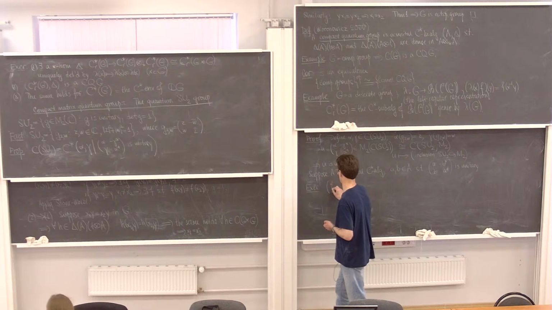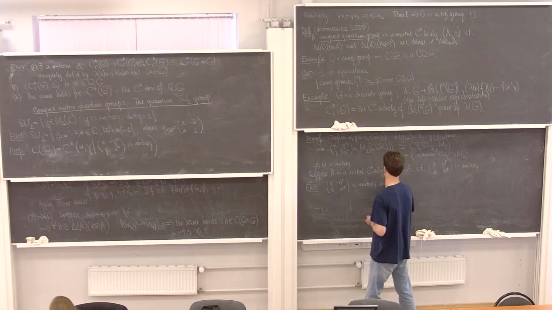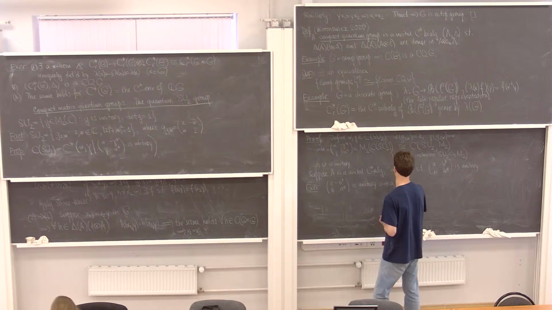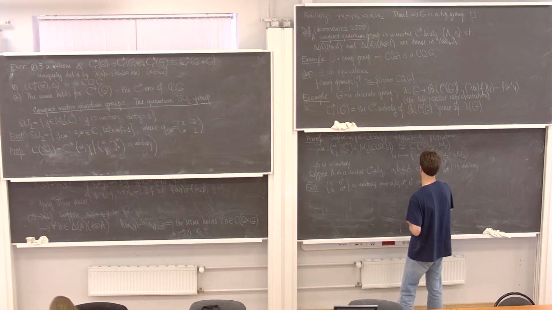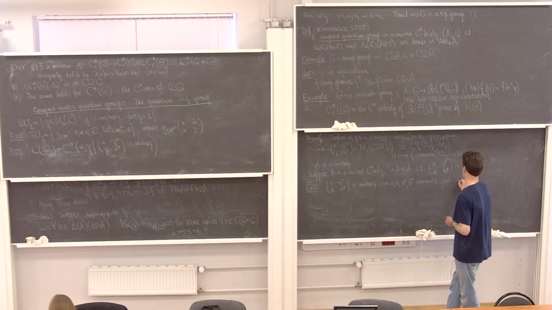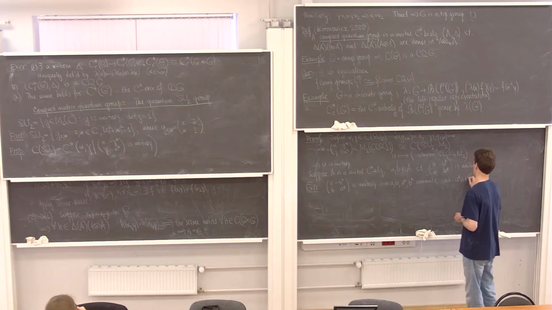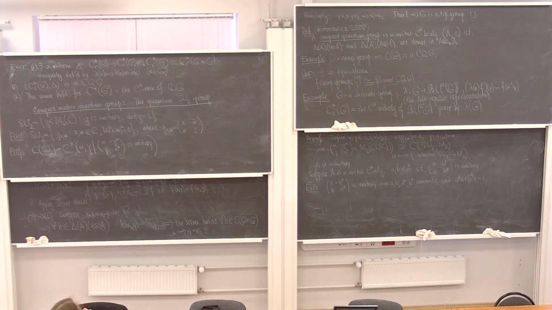This matrix is unitary if and only if the elements A, B, A star, and B star commute, and A star A plus B star B equals 1. This is proved by an explicit calculation.